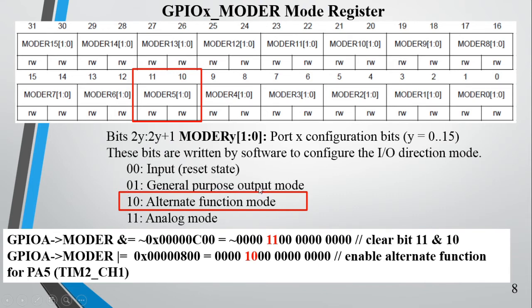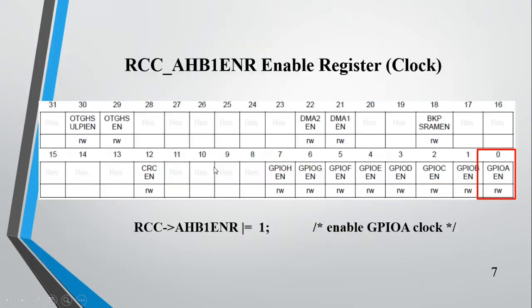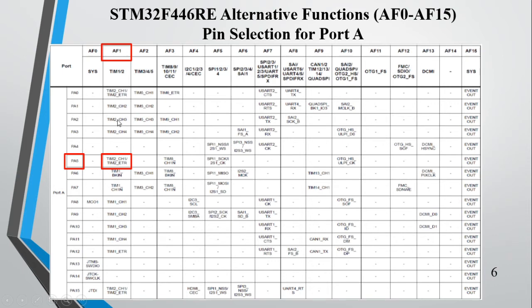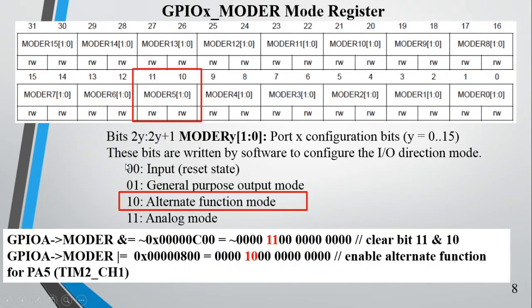But in my case, I need to configure alternate function 1 for PA5. Why? Because from this table you can see that if PA5 has alternate function 1, then it will be acting as timer 2 channel 1. So we need to write 1, 0 to bit number 11 and 10.